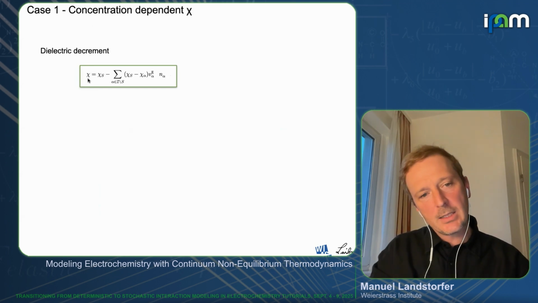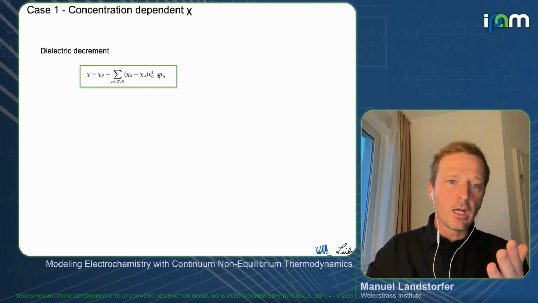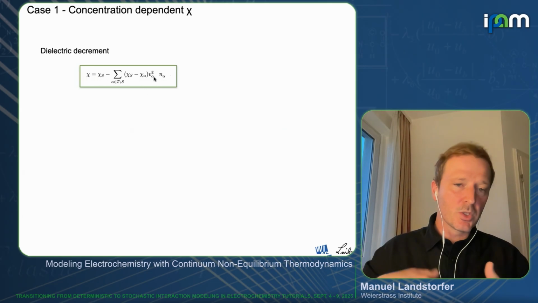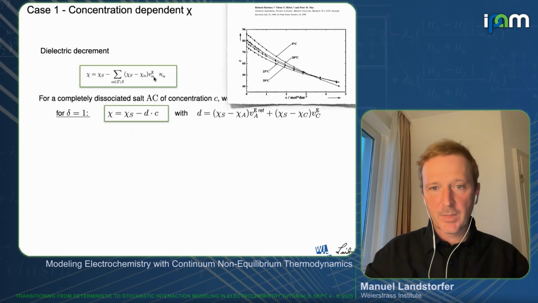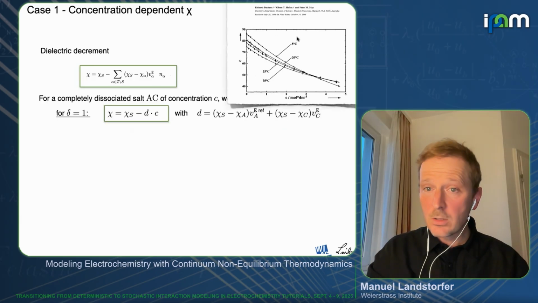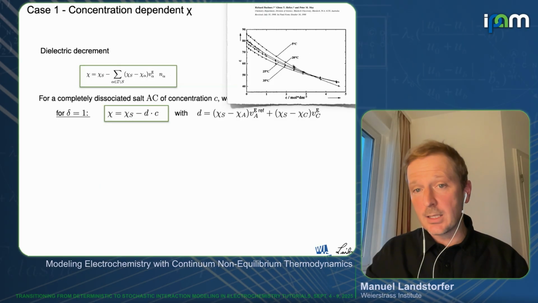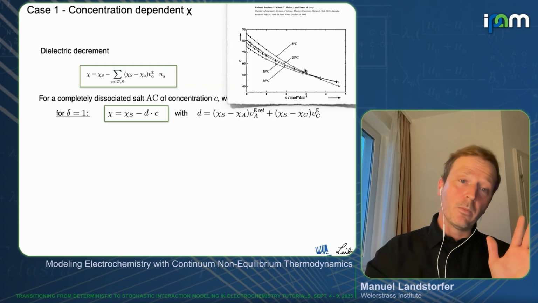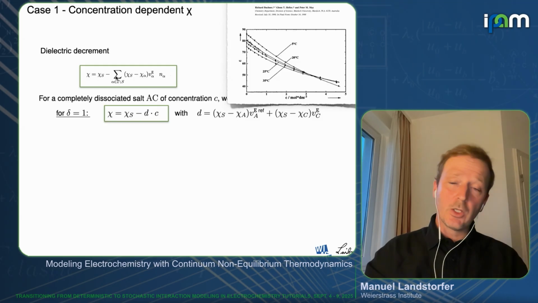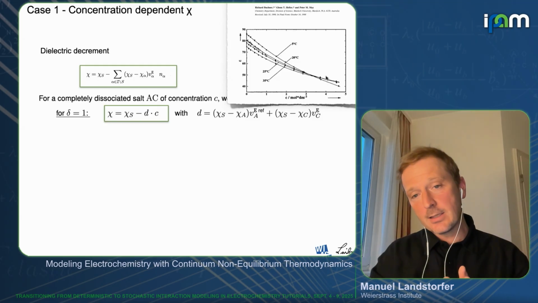So the dielectric susceptibility is the bulk one minus some contribution when you put salt in. Because we already know from dielectric relaxation experiments that this is indeed the case. This is, of course, a bulk experiment, but when you use this model, you exactly get this experimental result for bulk.